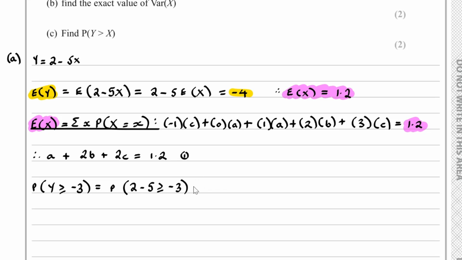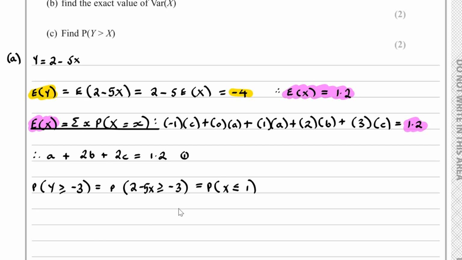Well, if we tidy this up a bit, subtracting 2 from both sides, we have minus 5x being greater or equal to minus 5. So we see that x is less than or equal to 1.